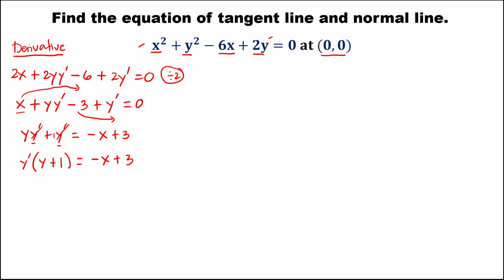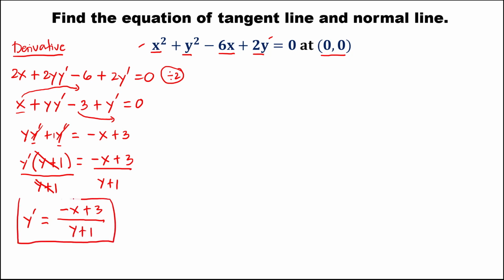Then to solve for y prime, divide both sides by y plus 1, so they cancel. Therefore, the first derivative y prime equals negative x plus 3 over y plus 1. So this is now the first derivative.